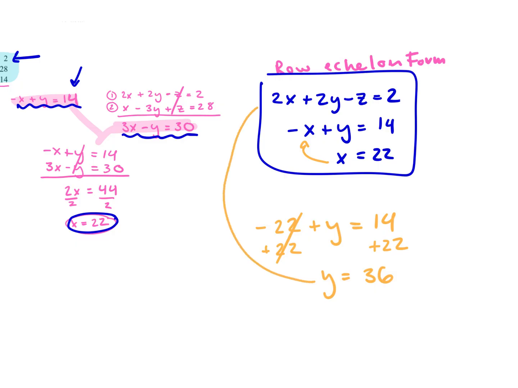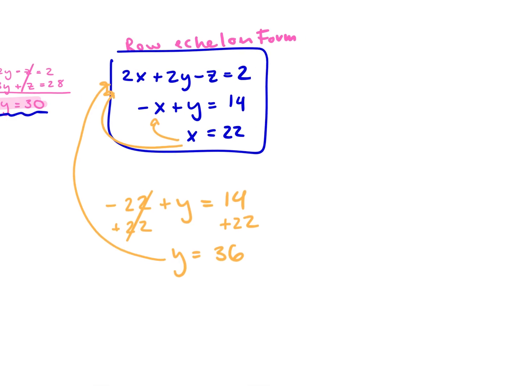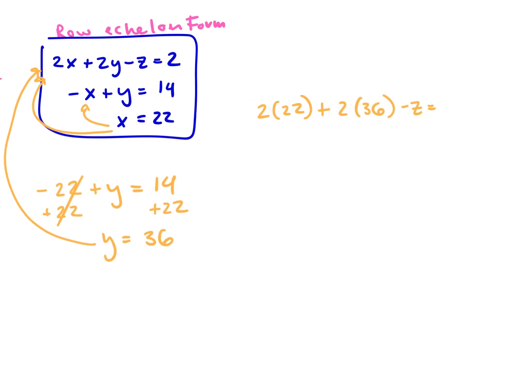We're going to plug x and y into the first one. So we have 2 times 22 plus 2 times 36 minus z equals 2. So 44 plus what's 2 times 36? 72 minus z equals 2. 44 plus 72. 116 minus z equals 2.